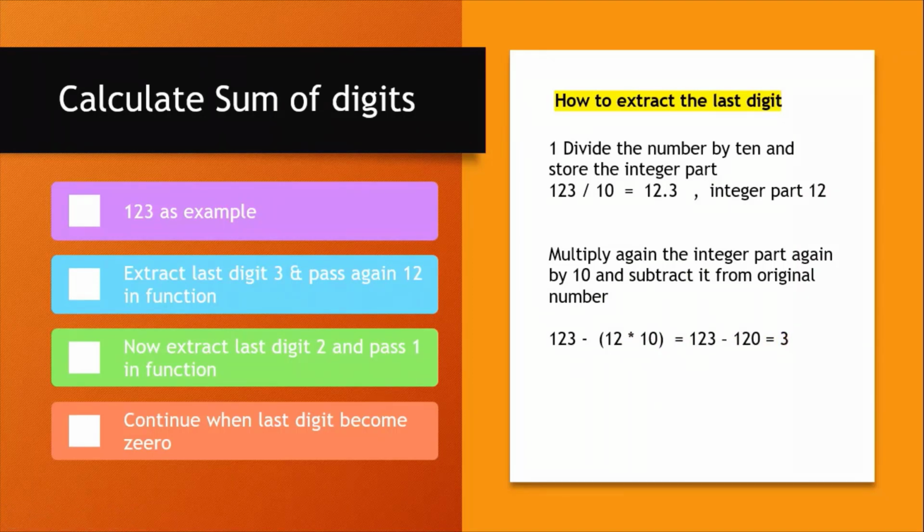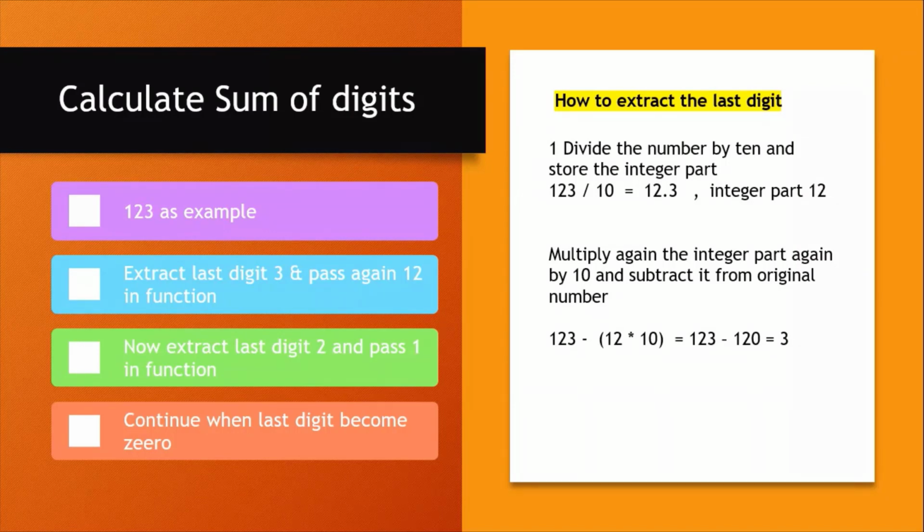So I need to write a recursive formula to understand this. How can we do it? Hope you are able to understand. What I want to tell you is we have a number 123. Our objective is to extract the last digit. So I divide it by 10. When I divide 123 by 10, it is 12.3. But I take only the integer part and I say 12. Fine. So now if I again multiply 12 by 10, it will be 120.